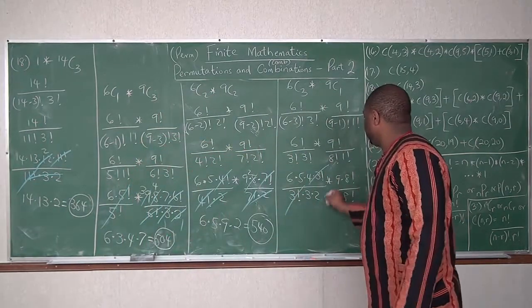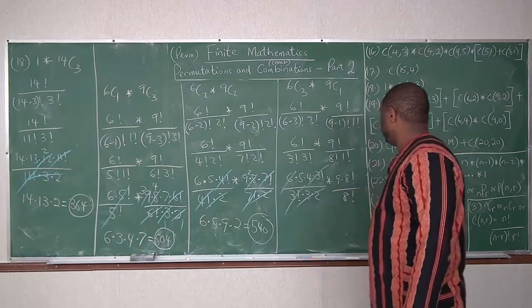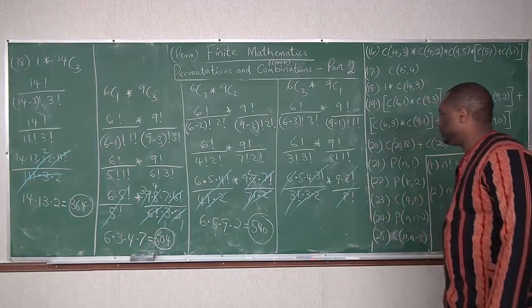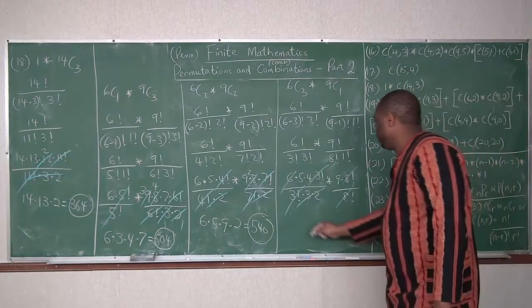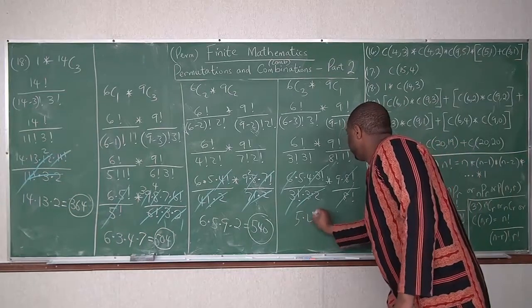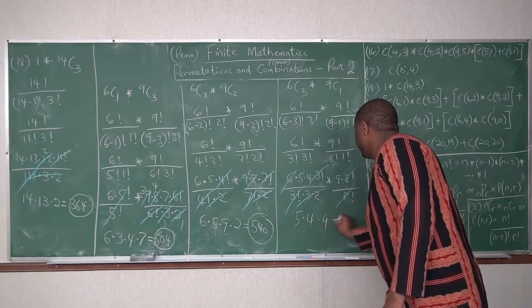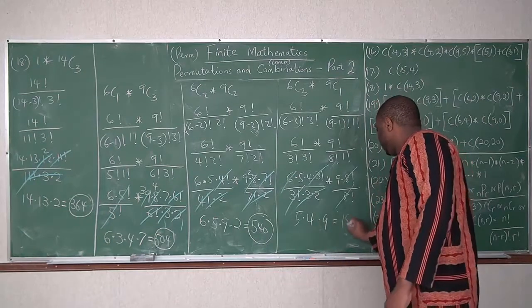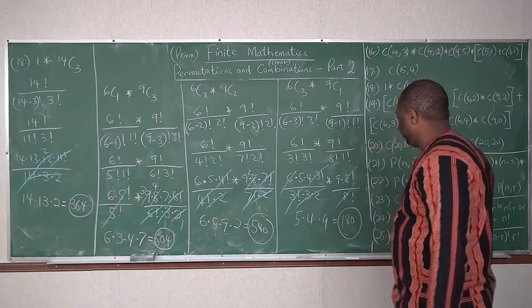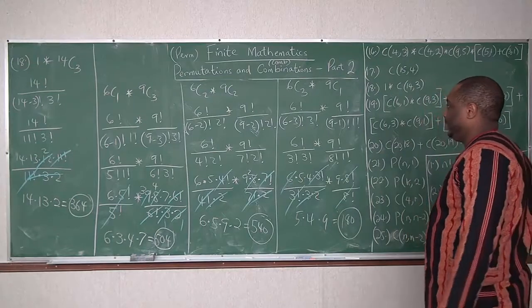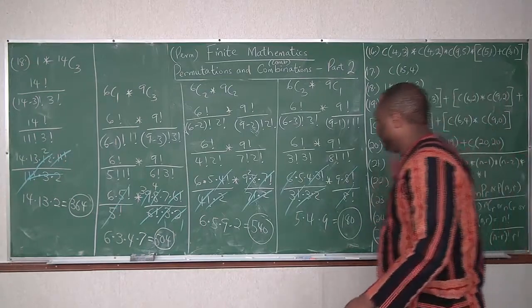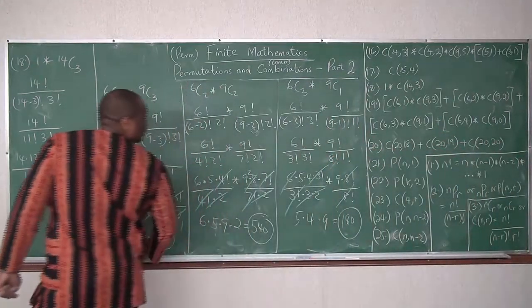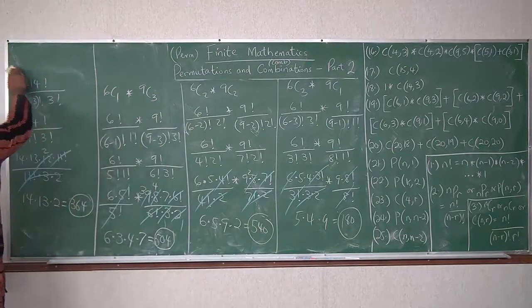This goes, 3 and 2 go, and that goes. So that will be 5 times 4 times 9. 20 times 9 is what? 180. Okay? 180. And then the last one here, so we can now add them up.